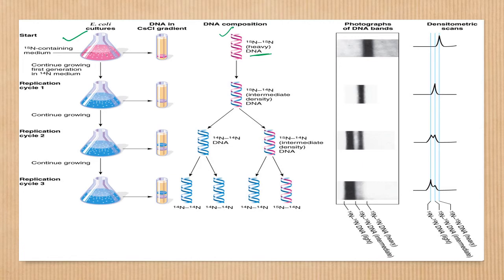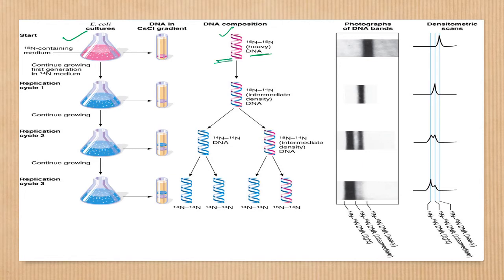Now what we did, we washed the old medium and introduced the bacteria into normal N14 medium, again N14 containing ammonium chloride medium. We represent this with a blue color. So then what happens, the bacteria already have heavy DNA.